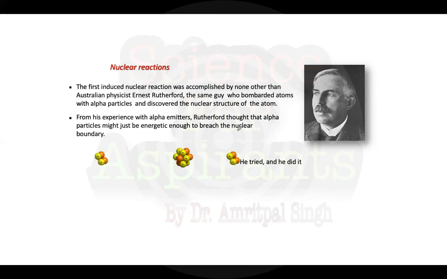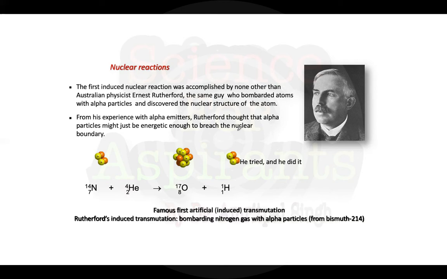Finally he succeeded, and he did it. This was the first artificial transmutation, when he shot alpha particles at nitrogen, and he saw that an oxygen atom along with a proton was formed.